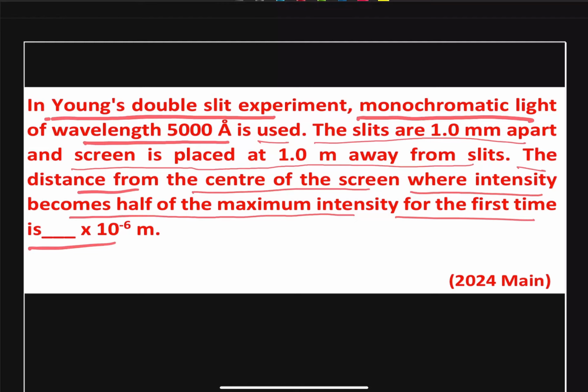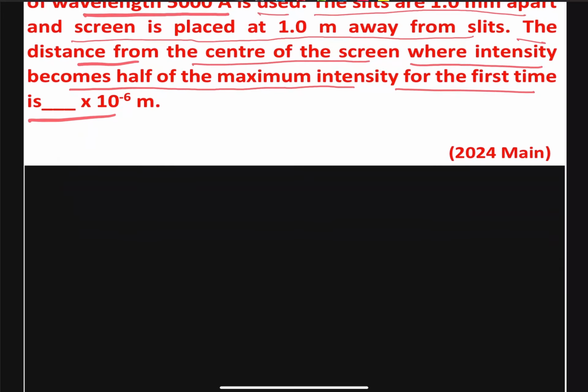So let us assume that the intensity because of each slit on the screen is I naught. So intensity at the center of screen will be equal to 4 times I naught, because there it is a central maxima.